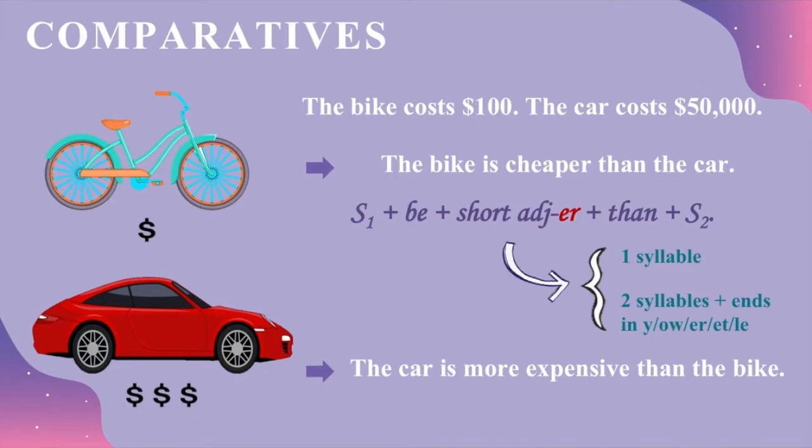Well, you can see that the adjective expensive has three syllables, so we cannot use the structure for short adjective here, right? So we need to use the structure for long adjective. That is, subject 1 plus be plus more plus long adjective plus than plus subject 2.